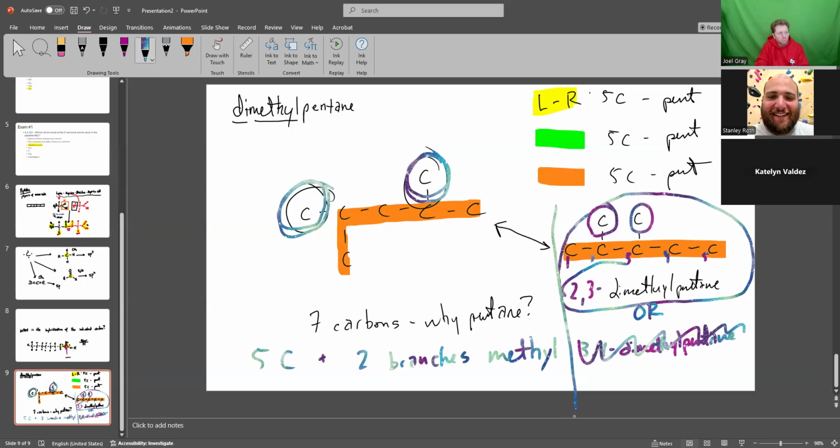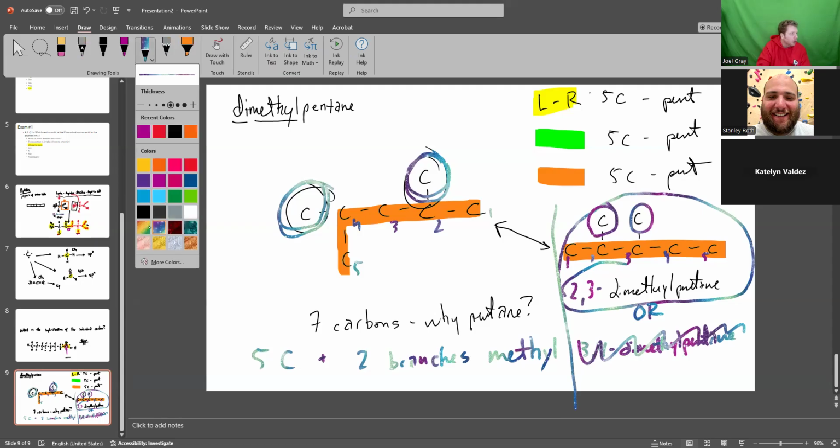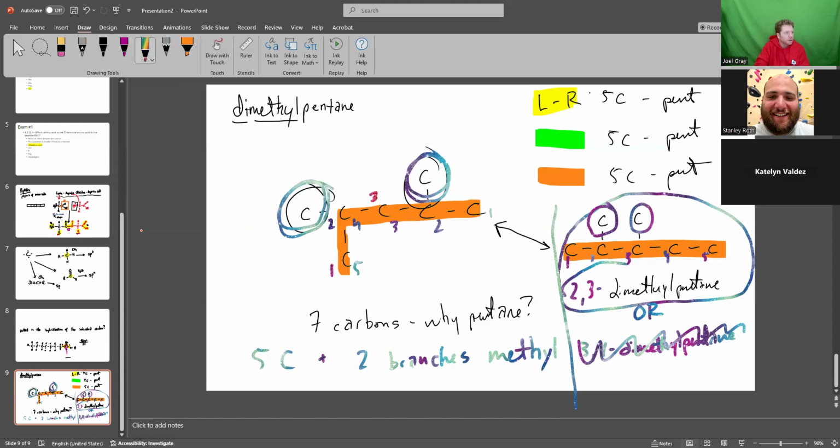Now, with respect to our other molecule, this is kind of a tricky one, because if we start on the right-hand side, 1, 2, 3, 4, 5, or if we start on the left-hand side, I'm going to switch my color here, 1, 2, 3, 4, 5.